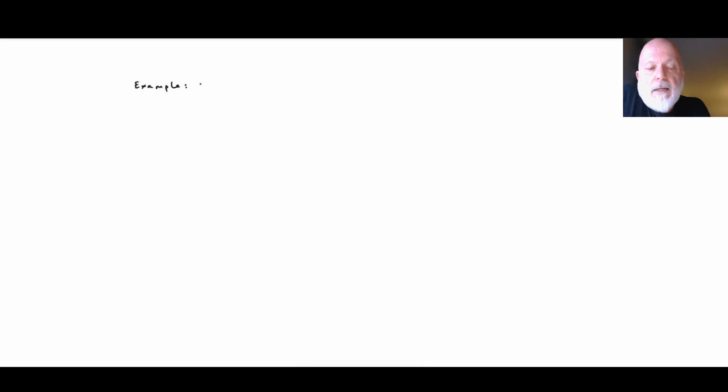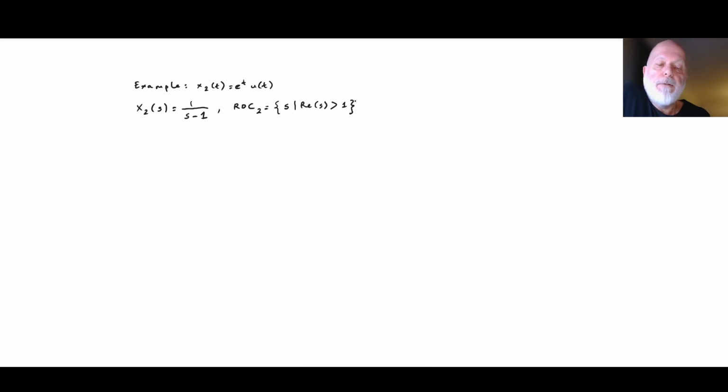x2 of t is e to the t u of t. Now, X2 of s is equal to 1 over s minus 1, and the region of convergence is the set of those points s with real part greater than 1.